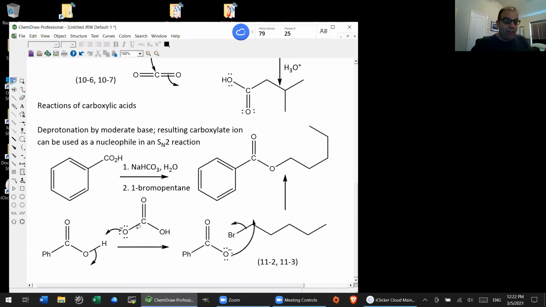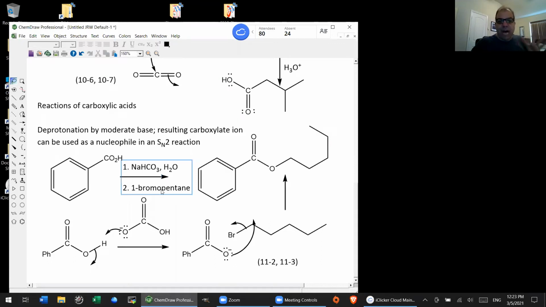But so here's your bicarbonate ion. That's a more than strong enough base to deprotonate our benzoic acid. That benzoate ion, then once we add the 1-bromopentane, will attack that primary carbon. Again, for best results for an SN2 reaction, you want your alkyl halide or alkyl tosylate to be primary.